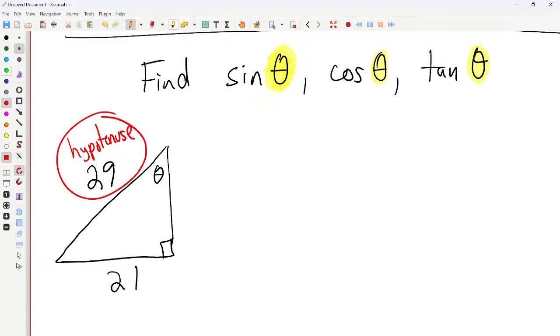Now, if I were a stick figure, one foot on each side, and this is telling me where to stand as a stick figure, the side my foot is not on is opposite me. Opposite theta is 21.